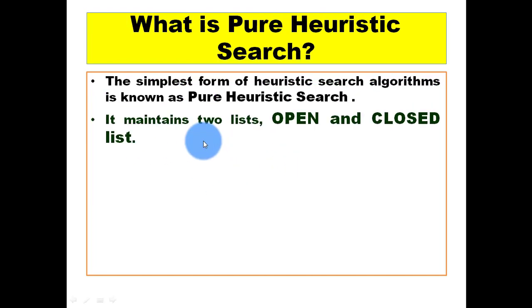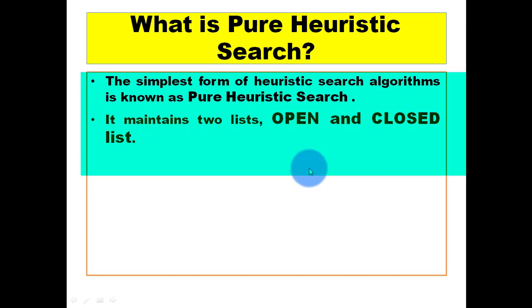Okay. Now, what is pure heuristic search? Pure heuristic search algorithms are the simplest form of heuristic search algorithm, and they maintain two lists, open list and closed list. Well, what are they?